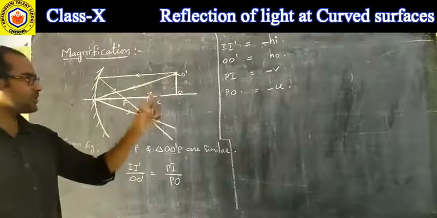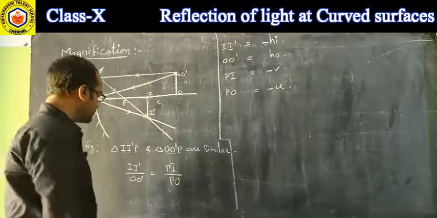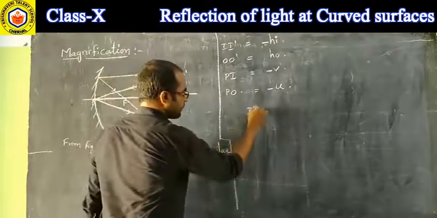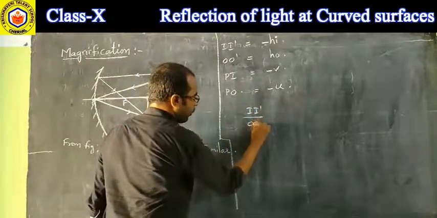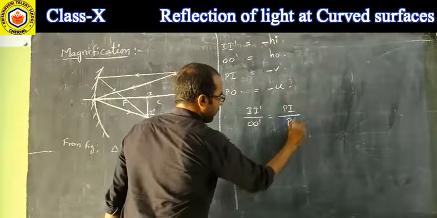Let us substitute all these values in this equation, I dash by O dash equals Pi by Po.